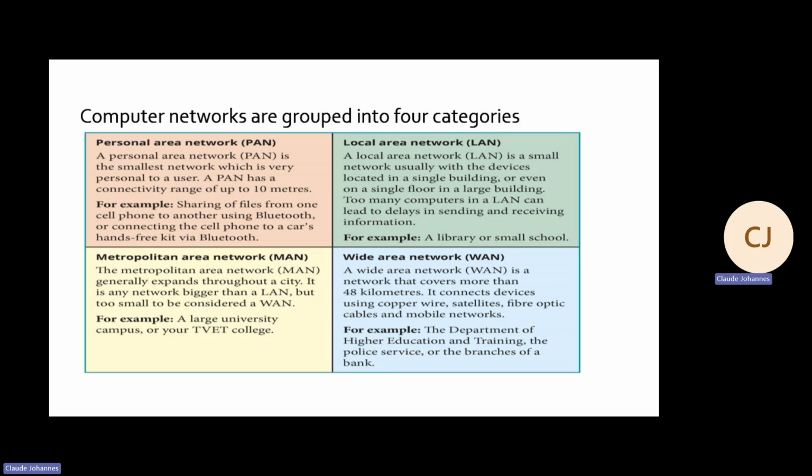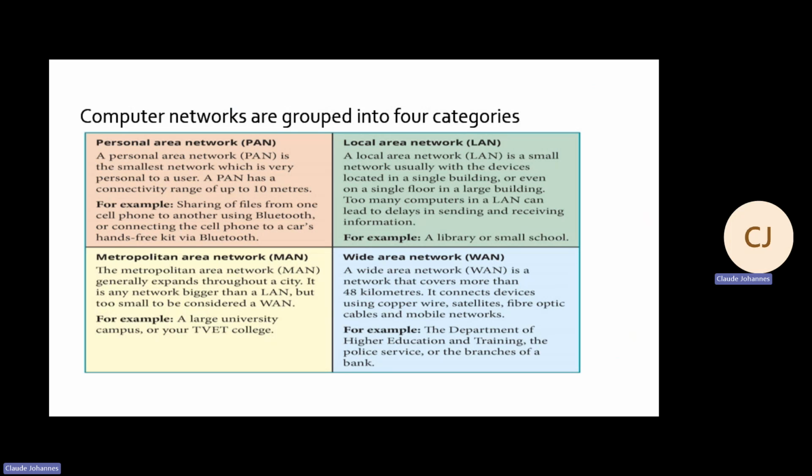The metropolitan area network generally expands throughout the city. It is any network bigger than a LAN, but too small to be considered a WAN. So, for instance, a large university campus or even your college. This is the type of network that we use as West Coast College, and it interconnects with all five campuses.